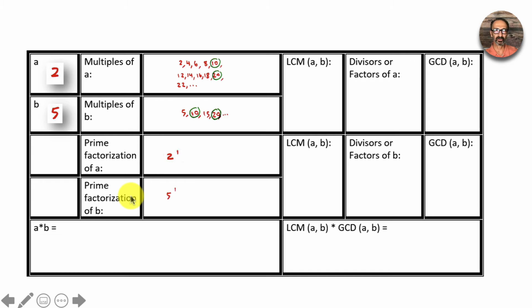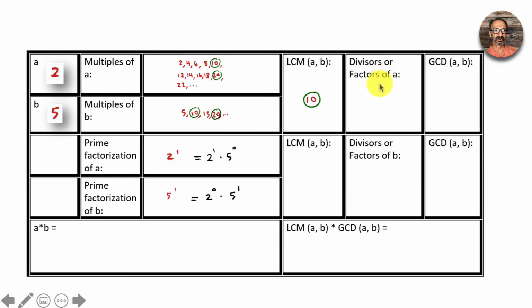But because on the table we have 2's and 5's, we're going to do that differently right here. We're going to write 2 to the first and 5 to the power 0. Down here, we're going to write 2 to the 0 and 5 to the first. So could both and look for more and less when you look at prime factorization. Now, from the multiples right here, the least common multiple is 10.